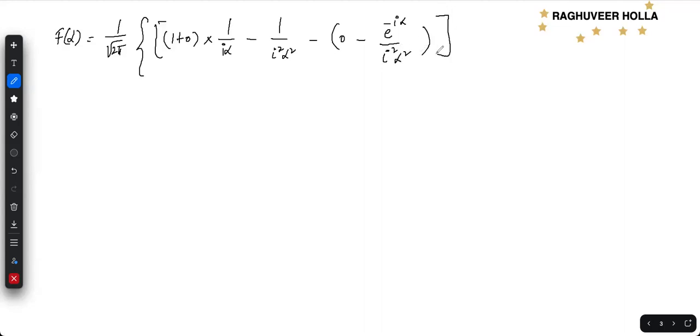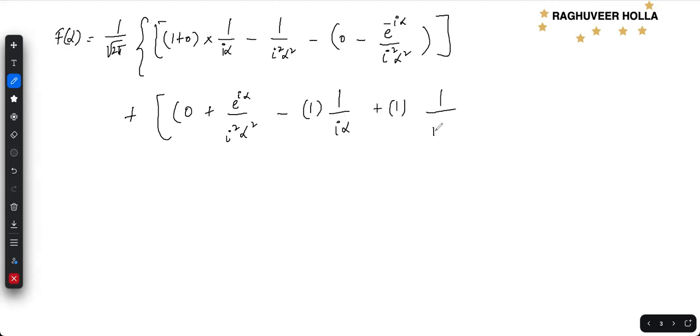So we are done with the limits minus 1 to 0. Let us have a look at 0 to 1. First the term goes to 0, and plus e to the power of i alpha by i square alpha square, minus 1 to 1 by i alpha plus 1 into 1 by i square alpha square. That's the process.